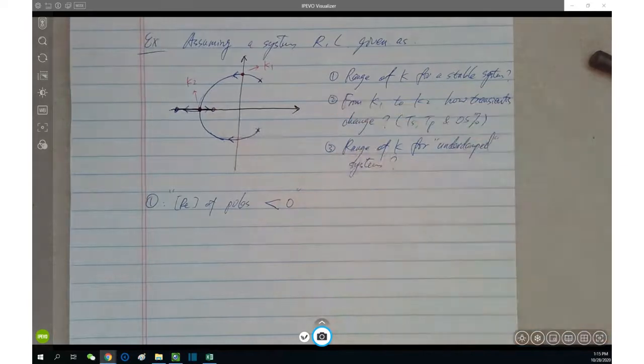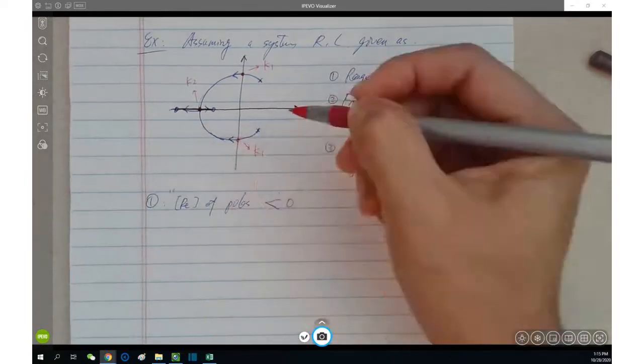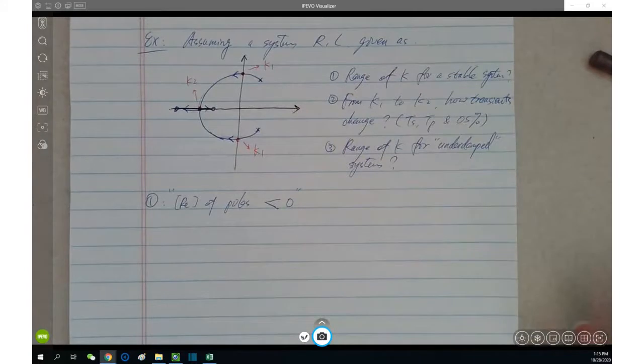This is how you read it. Because of this, we can tell this point corresponds to K1 as well, because they're moving at the same speed, synchronously.